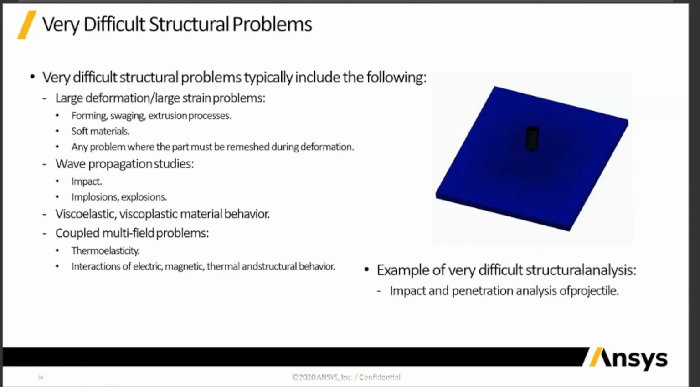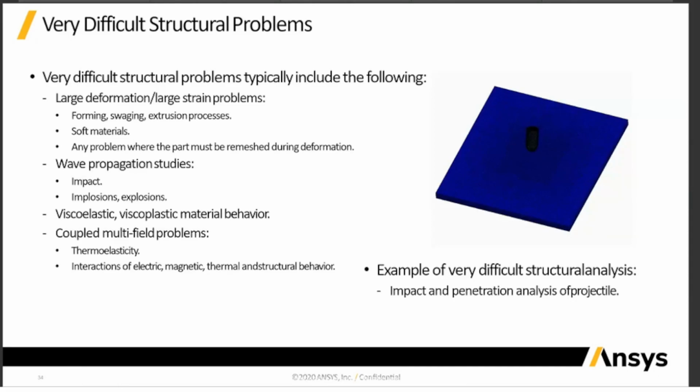Again, sometimes you come across very difficult problems, right? Like in structural problems, you may encounter large deformation or large strain problems like a forming operation or swaging, extrusion process, or sometimes soft materials, and any problem where the part must be remeshed during the deformation.